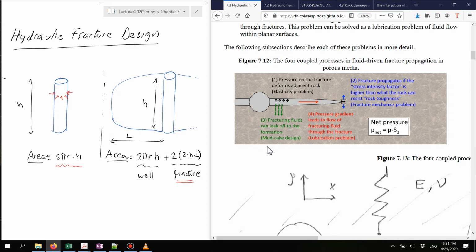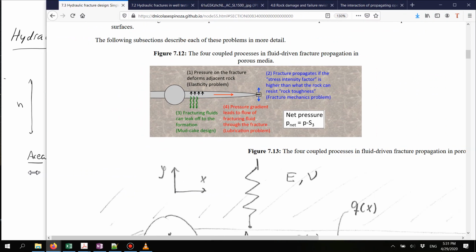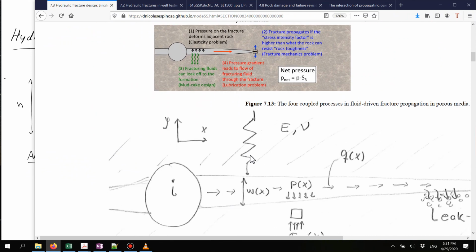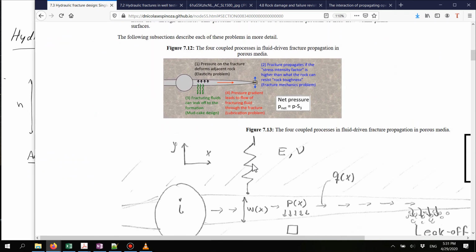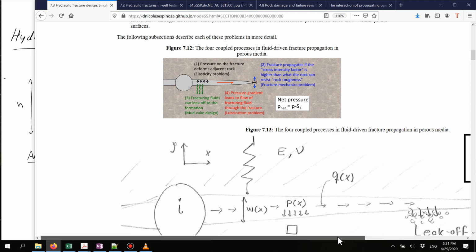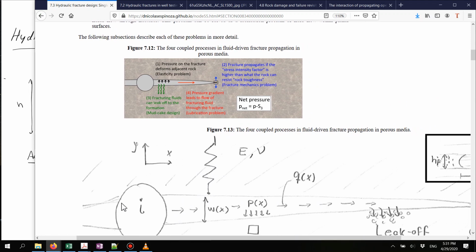We can make an abstraction of this problem and think about this as what will be the pressure needed to, for example, deform this spring that I have over here. So this is the fracture. I'm just showing here, this will be the wellbore, and I have one wing of the fracture.